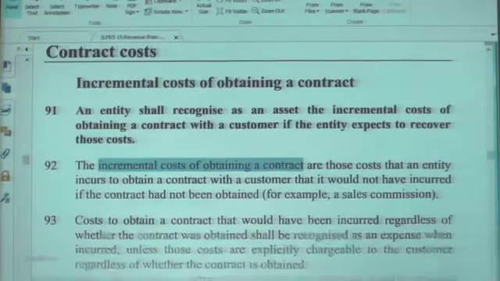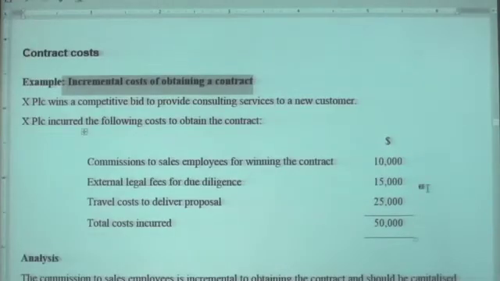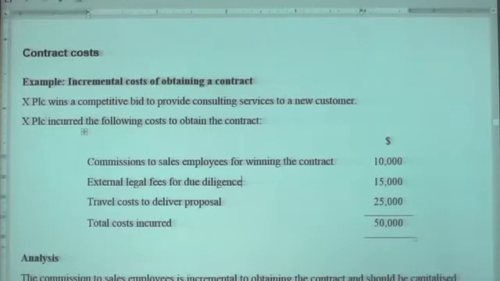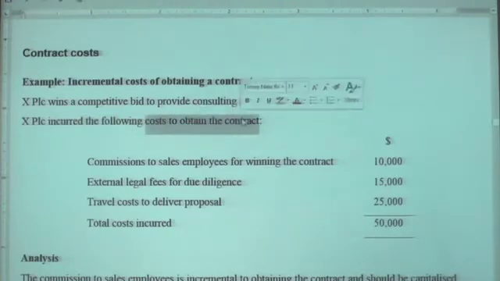Let's see the example now. Incremental cost of obtaining a contract. XPLC wins a competitive bid to provide consulting service to a new customer. XPLC incurred the following costs to obtain the contract. Clear?